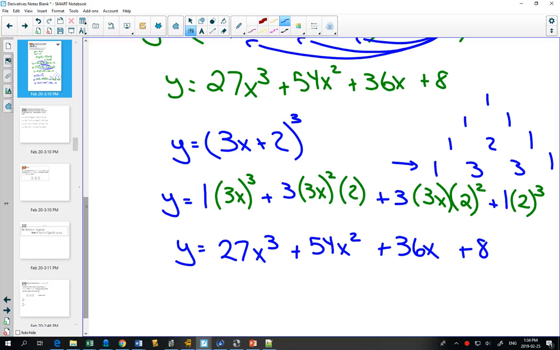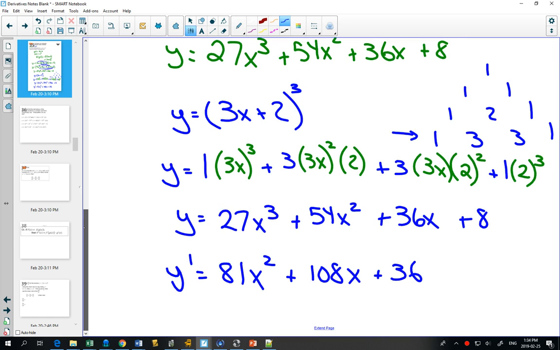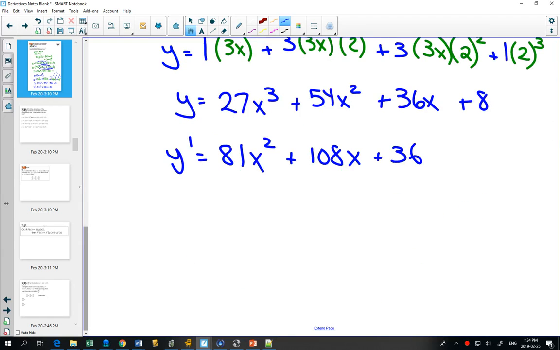Now, if I expanded this, my derivative becomes really easy. I just bring the 3 out in front, 81, subtract 1 from the exponents, 2 out in front, 108x, plus 36. It said write your answer in factored form.